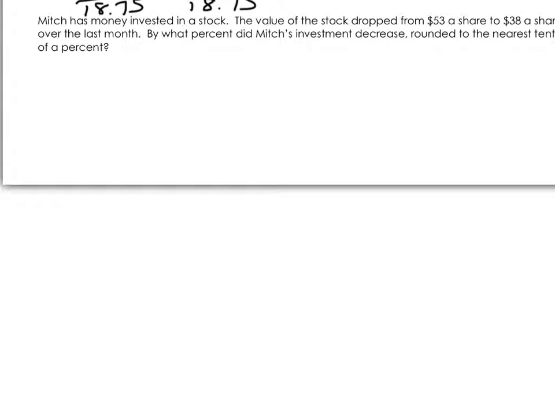Mitch has money invested in the stock. The value of the stock dropped from $53 a share to $38 a share over the last month. By what percent did Mitch's investment decrease, rounded to the nearest tenth of a percent? So it dropped from 53 to 38.